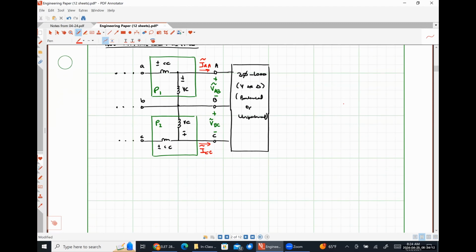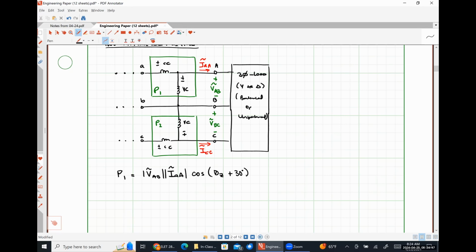So the average power that watt meter 1 is showing is nothing more than the magnitude of the voltage VAB times the magnitude of the current IAA times cosine of theta z plus 30 degrees, okay?